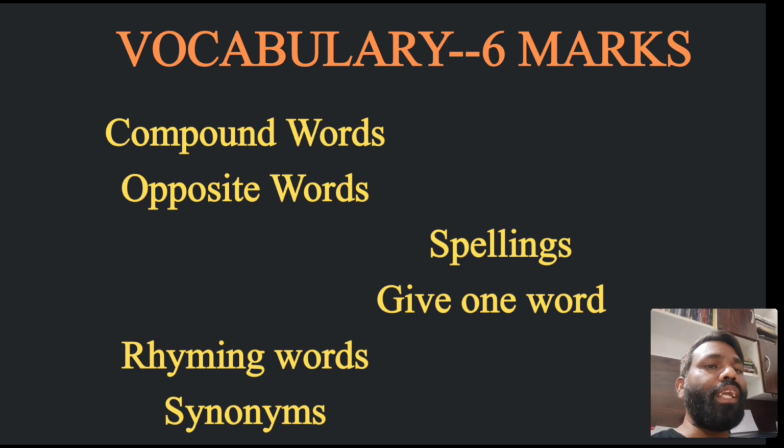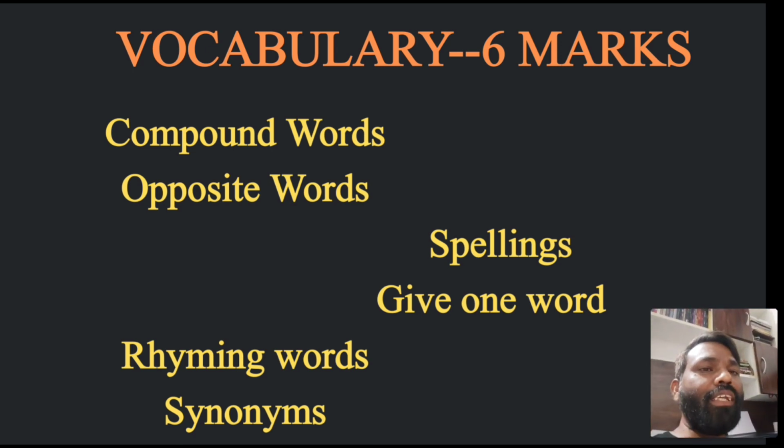The first is compound words, the second is opposite words, that is antonyms, and the third is spellings. We have to identify the correct spelling. The fourth is given word, the fifth is rhyming words, and the sixth is synonyms.